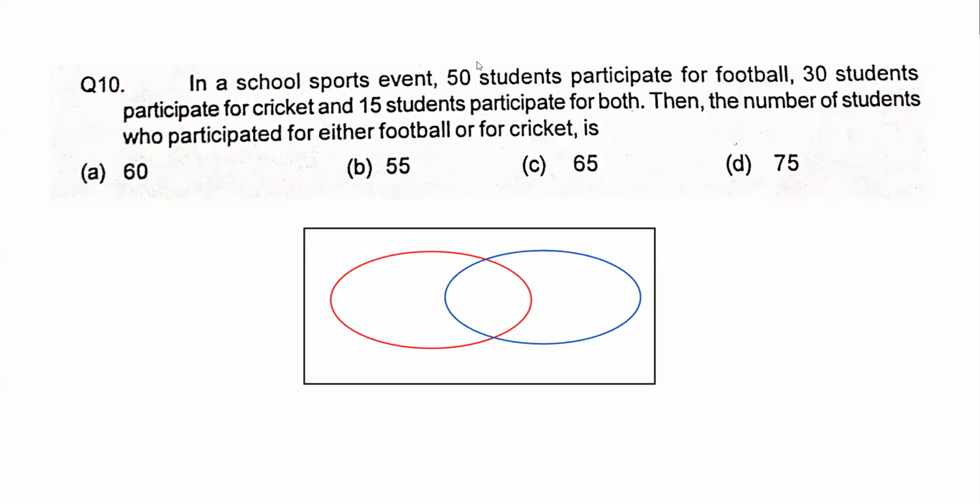So let's first write down the both. That means we have this as 15. This is cricket. The first is football. This is football, the red one, and this is cricket. All right, 30 students. Yeah, we got it. Now you can see that the common region is this, and out of the 50 who participated in football, 15 are playing cricket as well as football.